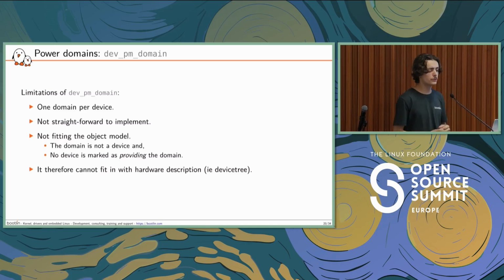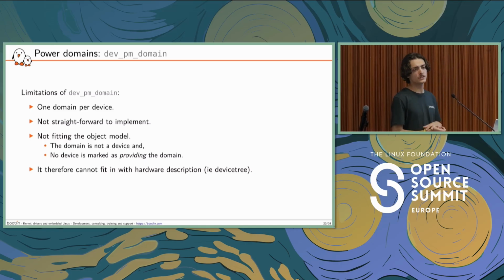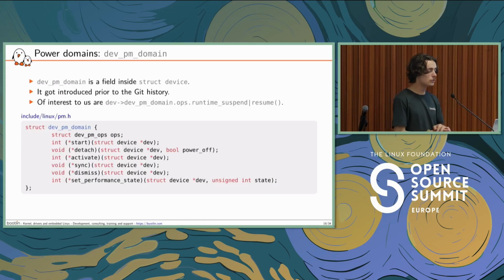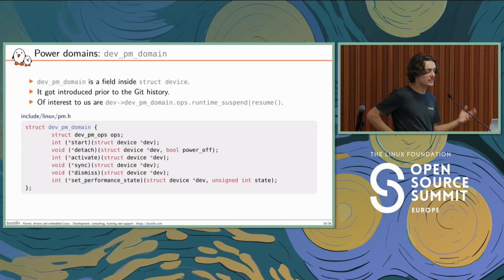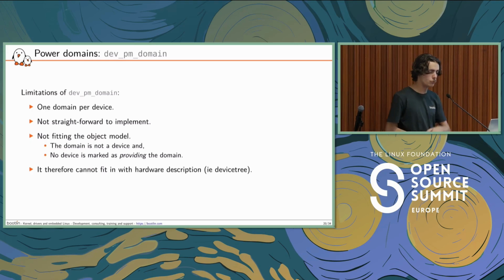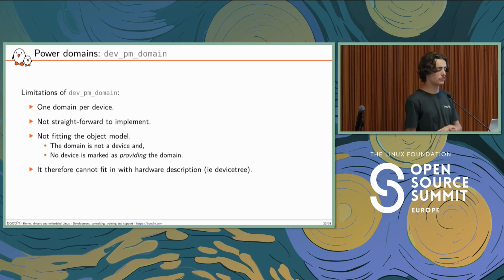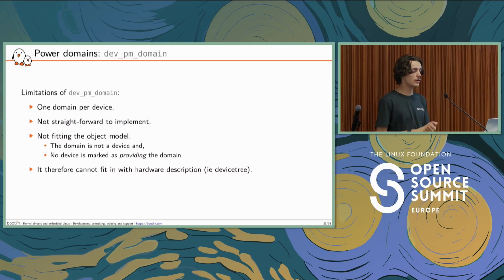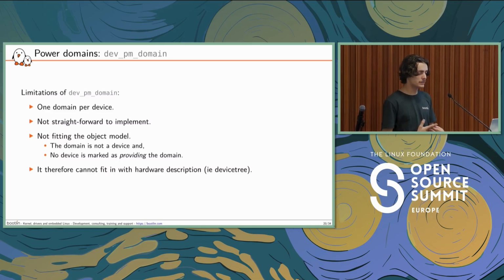It's not super straightforward to implement, mainly because it doesn't fit the device model. So as you noticed, there's struct dev PM domain, but that's not a device. That's just some struct that lives somewhere and that you attach inside every device. So there's a few callbacks to implement. It's not fitting the object model, so it's not itself a device.